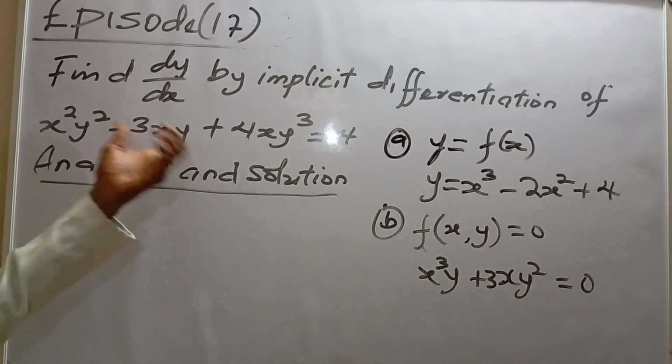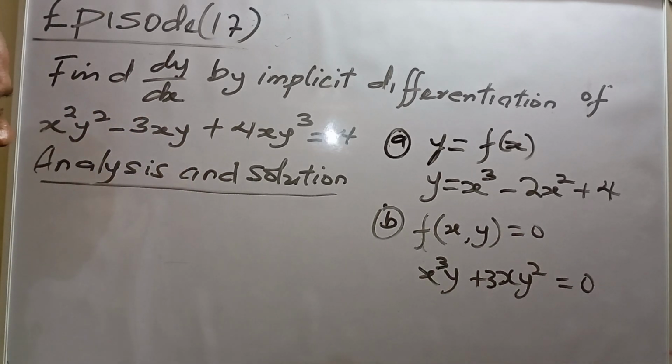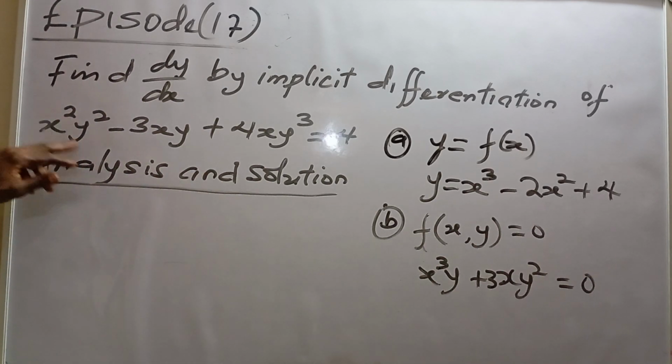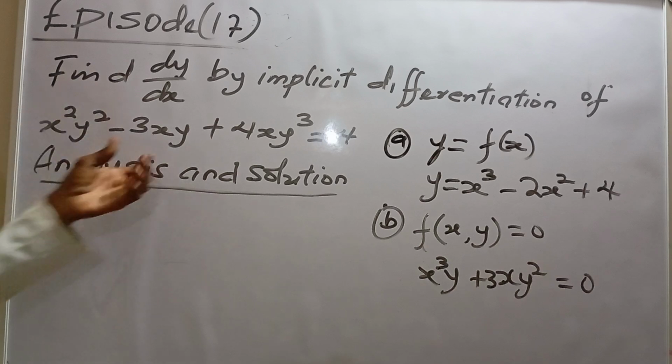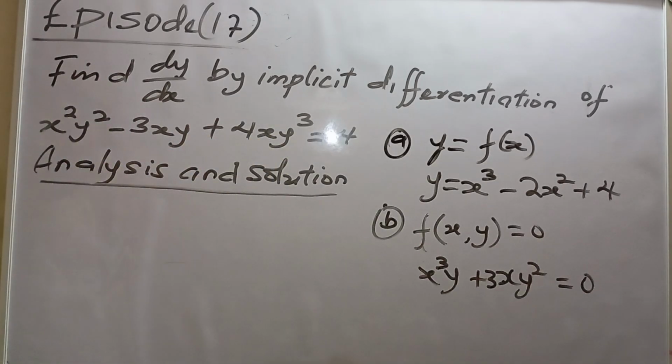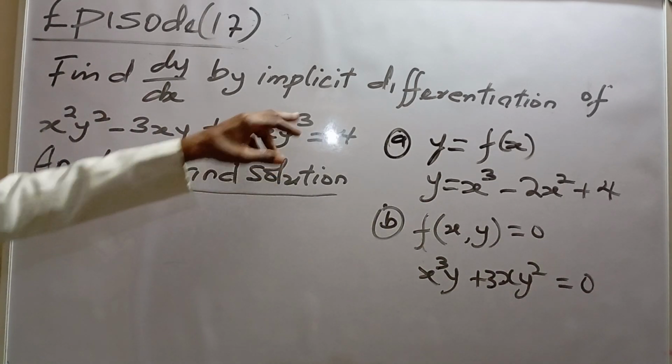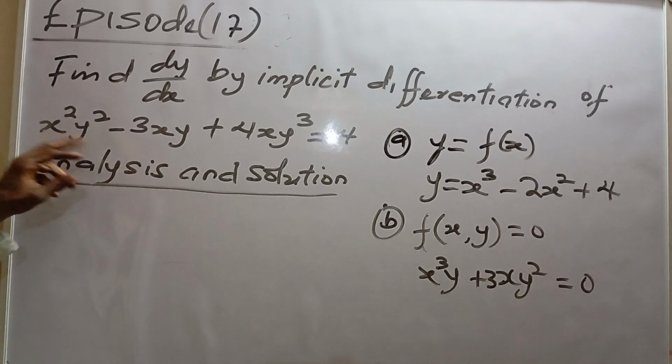But for this implicit differentiation, we use the product rule, because you can see x squared y squared, where they are together, and x y cubed. Since the two factors are together, you use the product rule.